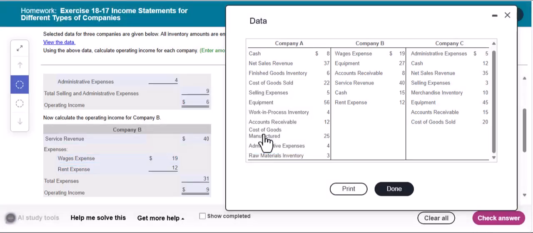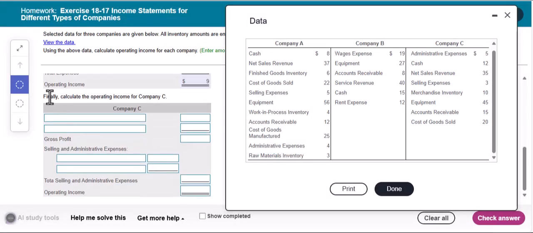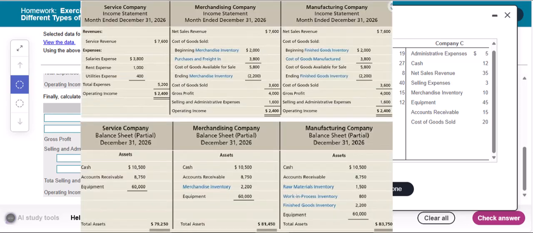Excellent. Okay. And now we're moving on to company C. So we have to calculate their operating income as well. And with company C, we can tell that this is a merchandising company because it has a merchandising inventory. So let me go back and show you and remind you what the income statement looks like for a merchandising company.